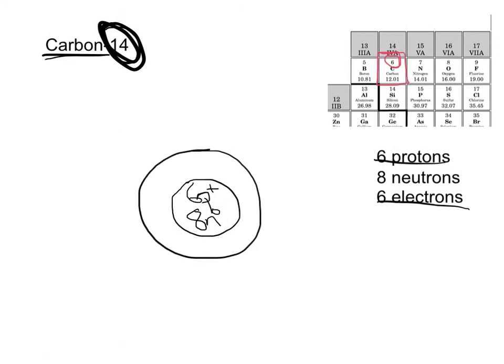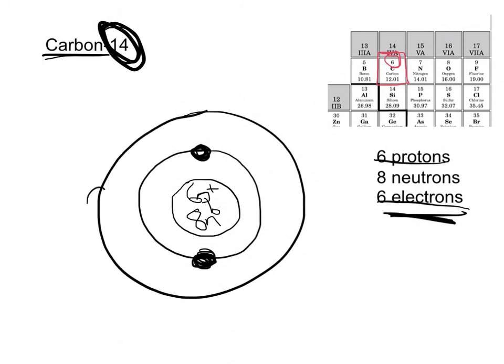Remember, it can only hold a maximum of 2 electrons. So we draw the 2 right there. But carbon has 6 electrons, so we need to add another 4. So we add another energy level right here, and we throw another 4 electrons on our Bohr model, and we have 6 electrons. That completes our Bohr model for carbon-14.